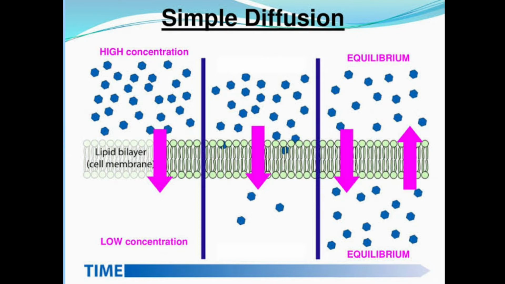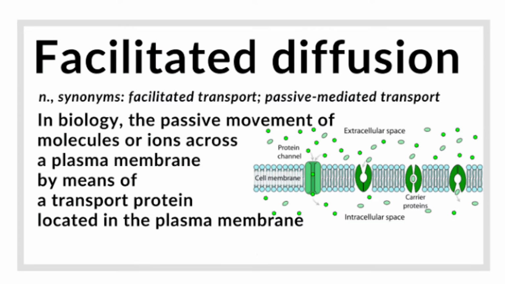But in the case of facilitated diffusion, protein molecules are required. These protein molecules are called protein gates, and it is highly selective, meaning it selects only certain molecules inside the cell. For example, poisonous substances are not readily taken up by the cell.